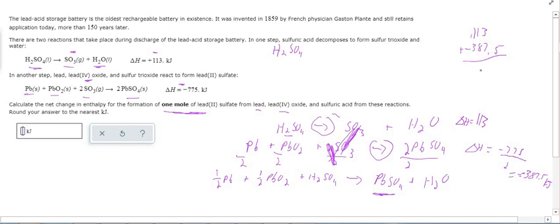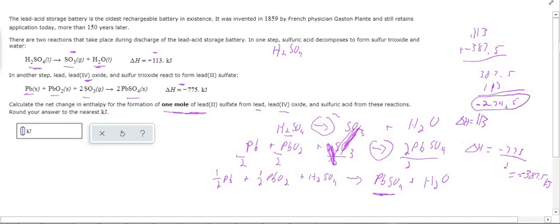Simplify that and that should give us negative 274.5. That is the amount of heat that is going to be generated, because it's exothermic, from this particular reaction.